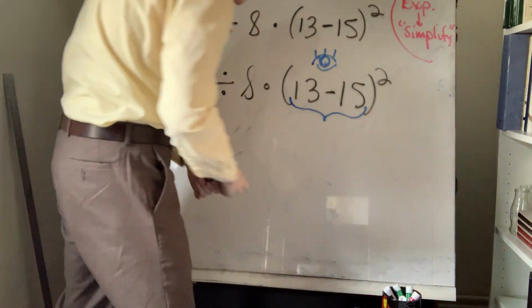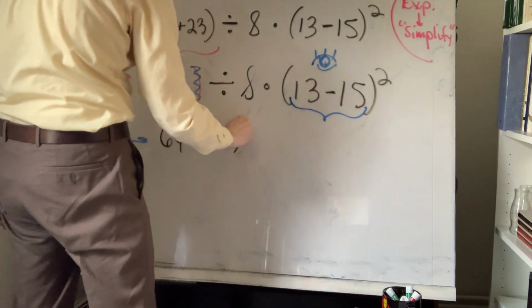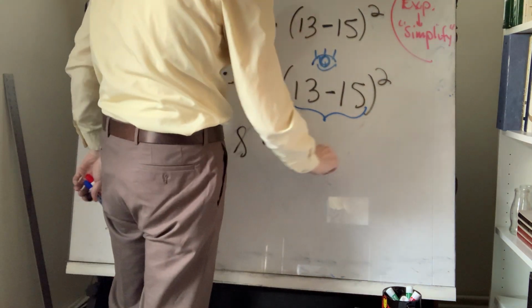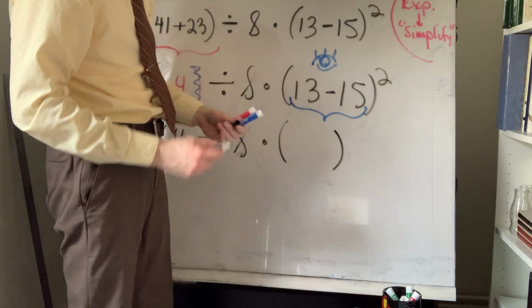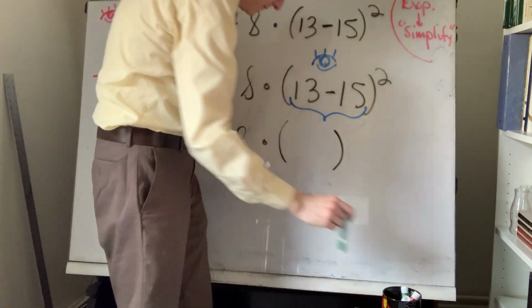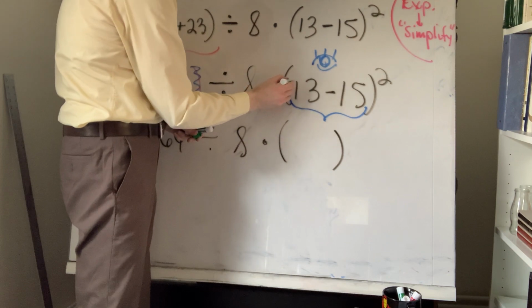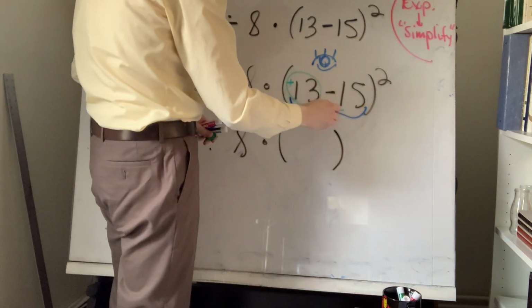It's going to be 64 divided by 8 times, rather. I'm going to put the parentheses here temporarily, all right? This is 13 minus 15, all right? We just got through the integer rules. Tidy it up if you need to. It's not written, but this is a positive. So that's one sign. And this is 15 adjacent to it.